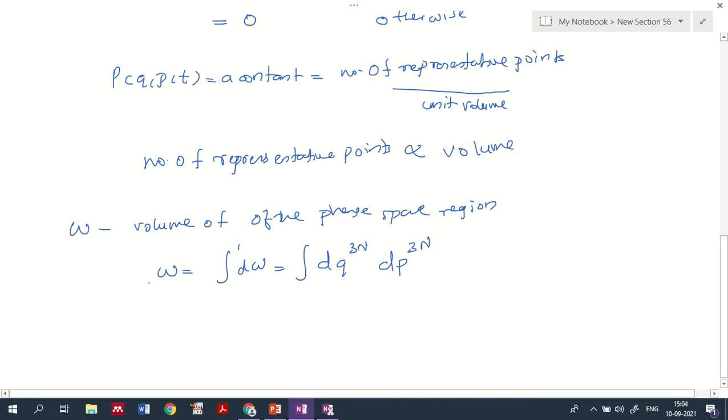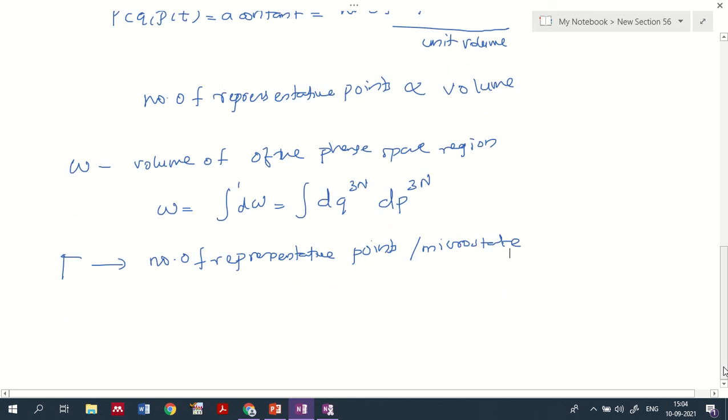So you get omega corresponding to that, and gamma represents the number of representative points, or microstates.